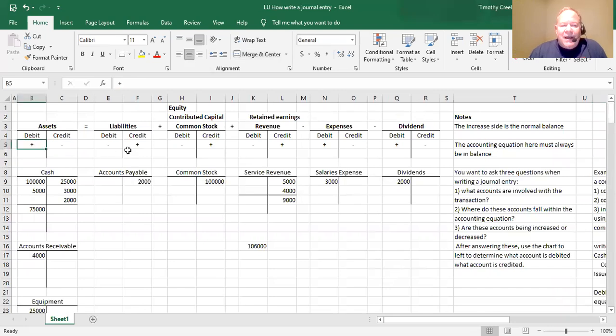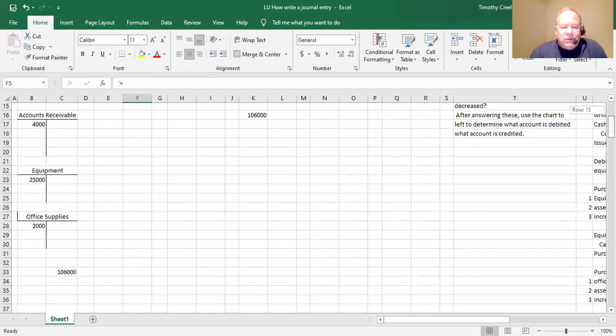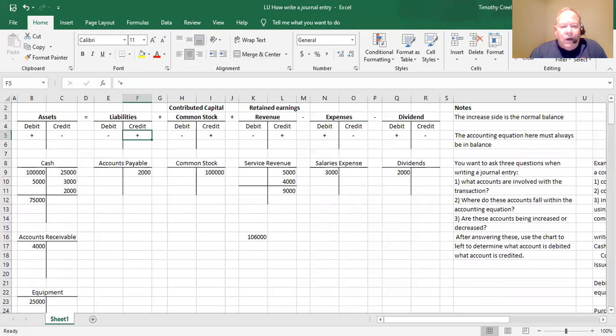Remember that the plus side is the normal balance side of all the accounts. So all of the assets have a debit balance, which is their normal balance. All of the liabilities have a credit balance, capital stock, credit balance, revenues, credit balance. All those have normal balances that are credit. And then the expenses and the dividends have normal balances that are debits.